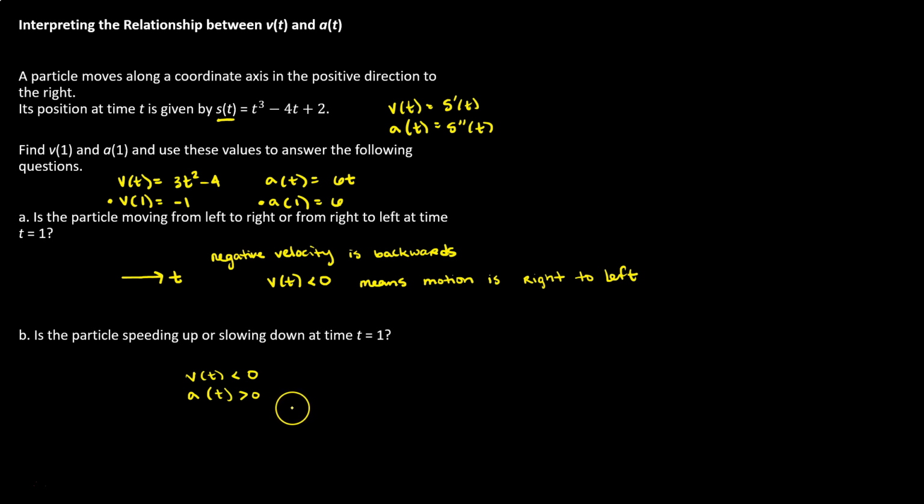Instead, you're walking backwards slower and slower until eventually you would start walking forwards if you continue accelerating at a rate of 6. So the particle is actually slowing down because velocity and acceleration are working against each other in this scenario.